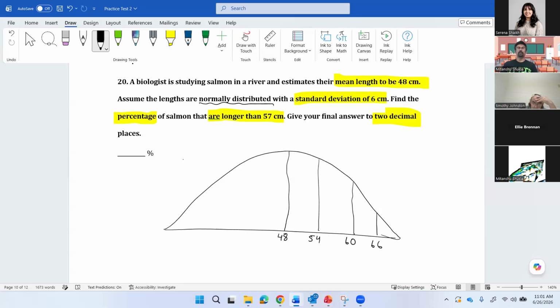And there are always 3 lines to the left of my mean, and each time I go left I subtract my standard deviation. So to the left of 48 is 42, then 36, then 30. Any questions about my picture? We doing okay?